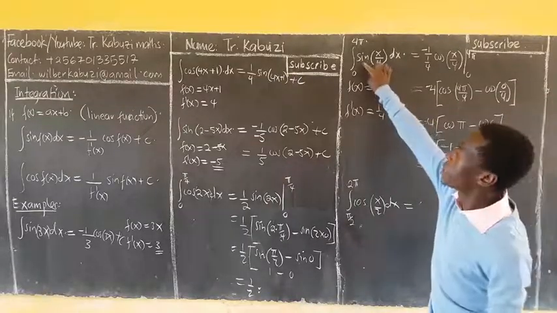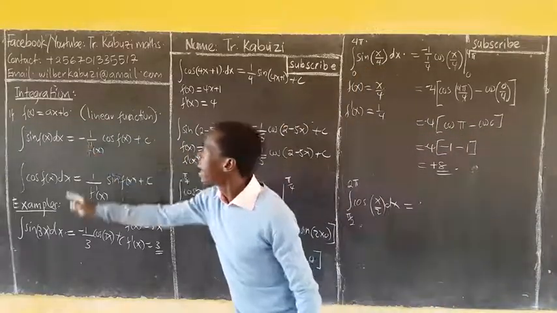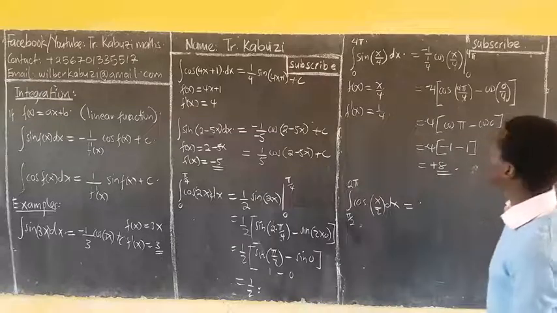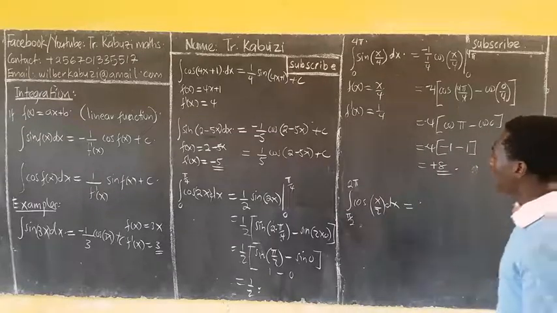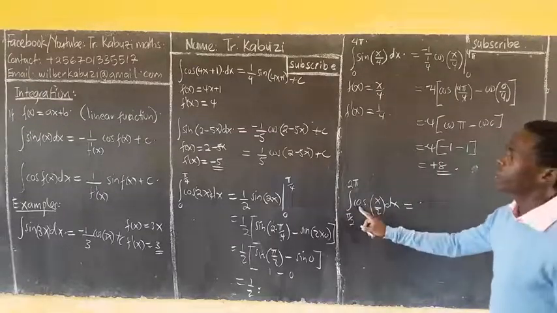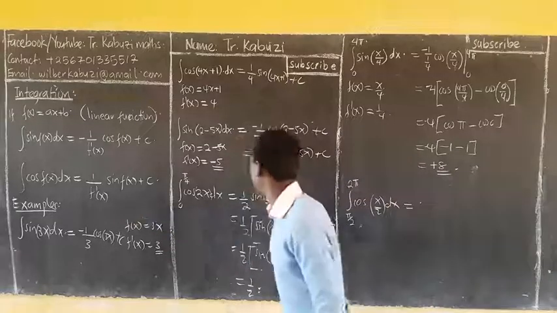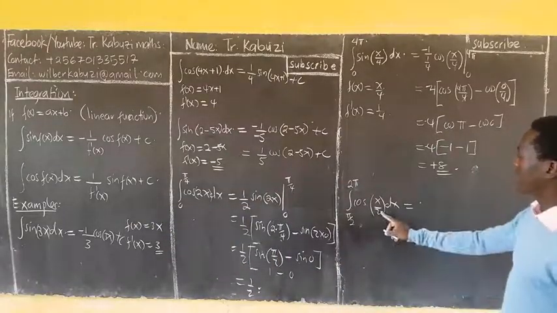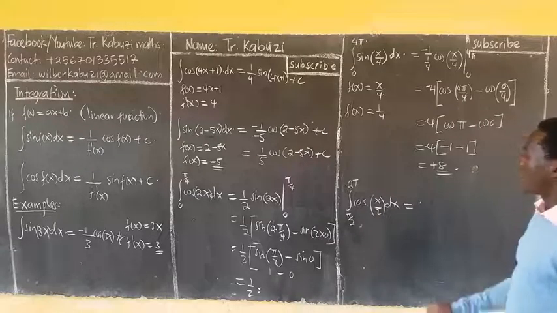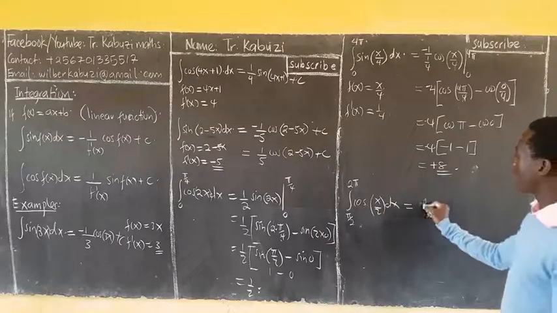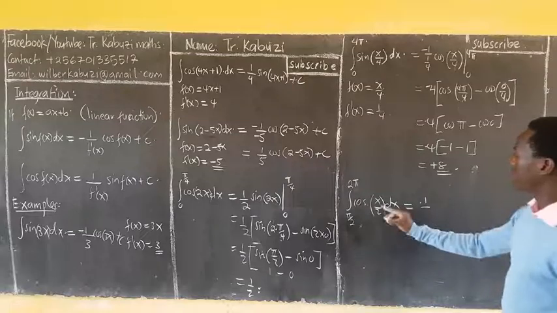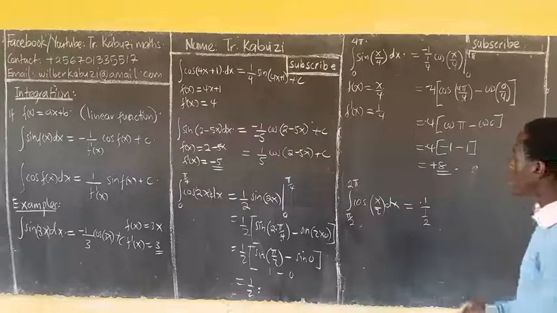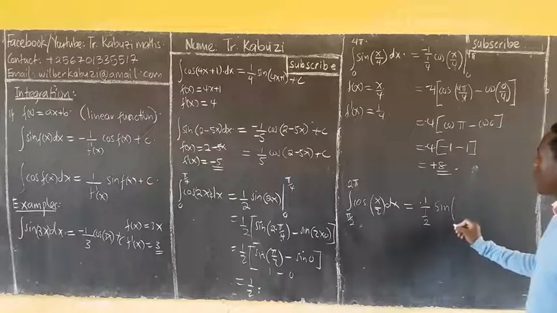Now here I have cos, and when I integrate cos, we get a positive sine. When I differentiate this angle, I add 1 over the derivative. Differentiating gives a half. Then integrating cos gives sine of the same angle.